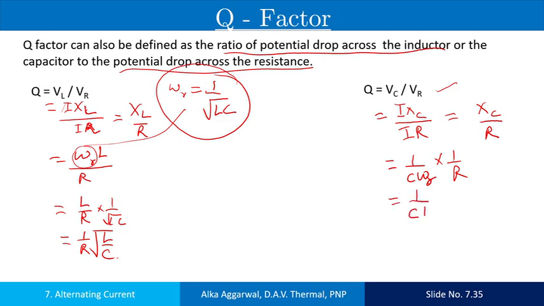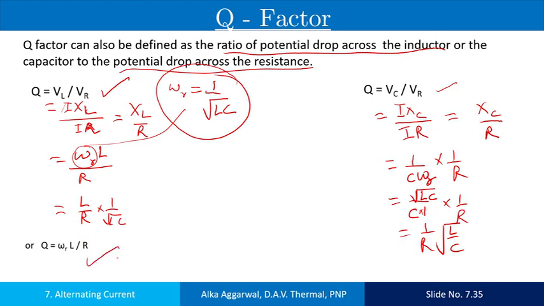So 1 upon under root LC into 1 upon R is again equal to 1 upon R under root L upon C. So Q is equal to either VL upon VR, omega R L upon R, 1 upon R under root L by C, VC upon R, or XC upon R, as per the requirement.